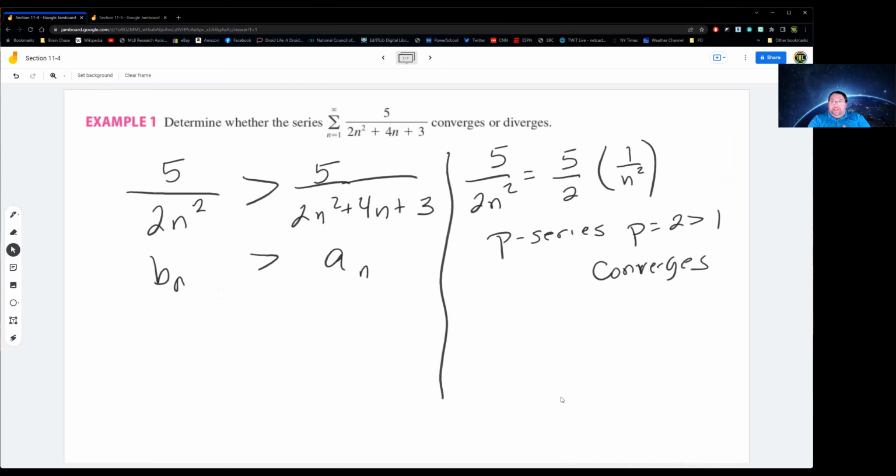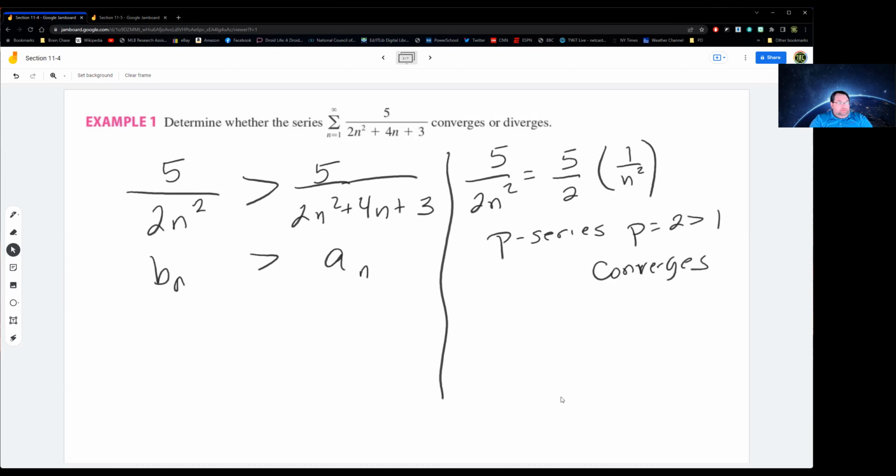The p-series has got to be in the denominator. Because if it's in the numerator, it's going to go to infinity no matter what. So basically, it's 1/n to the p power.